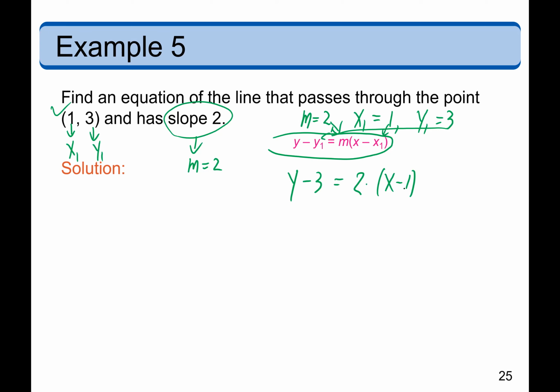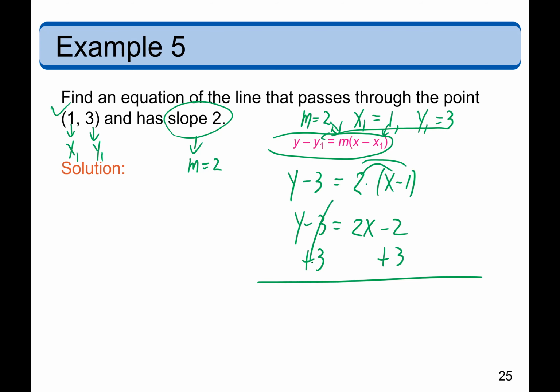Now you distribute it, so y minus 3 equals 2x minus 2. We get y by itself by adding 3 to both sides of the equation. So we end up with y equals 2x plus 1, which is the equation of the line.